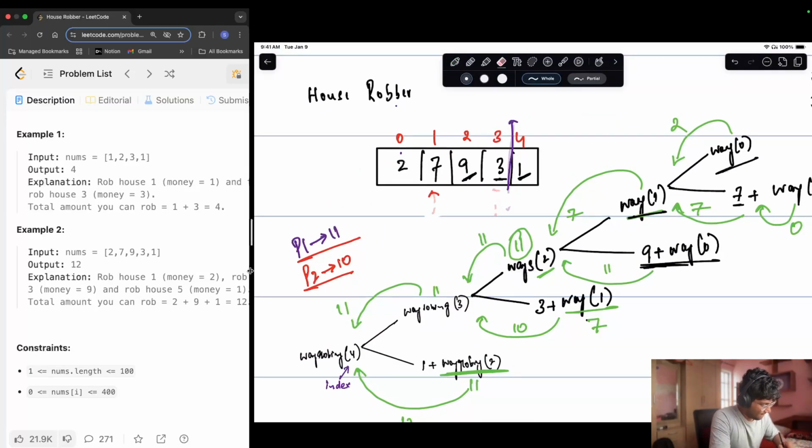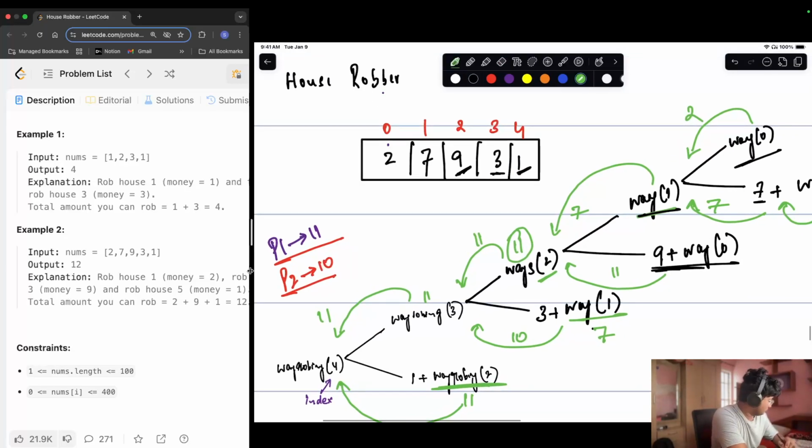Right, so the maximum profit that you can make until house 4, right?